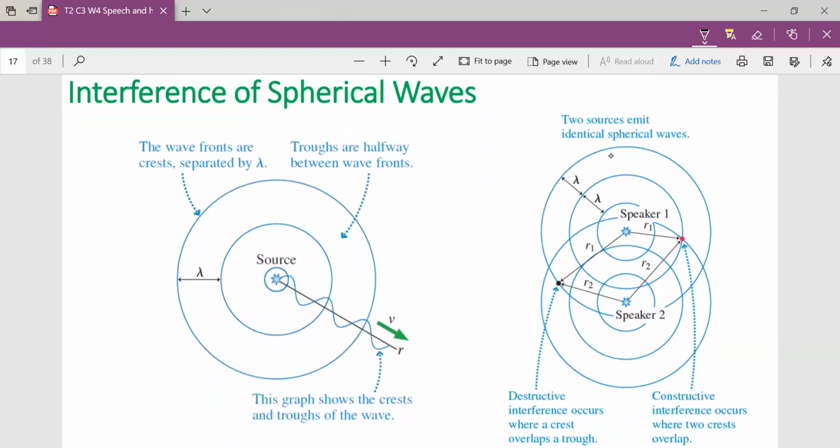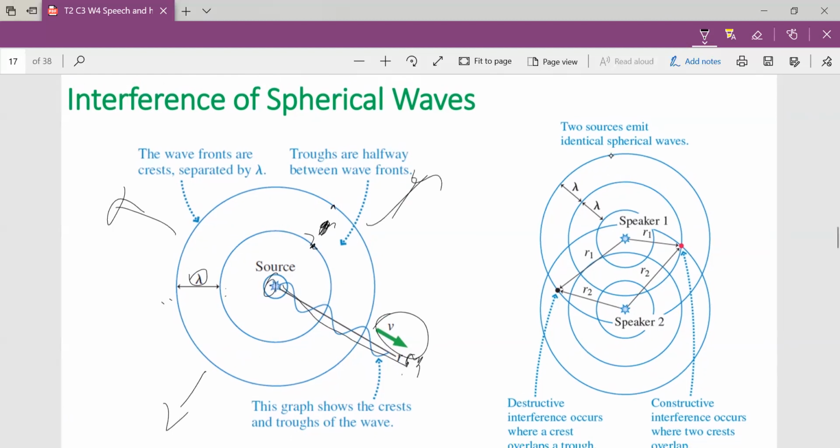We see a source, then we see the thick line being the crest, and the space here the trough and the crest. So the distance between two crests is the wavelength. This is the source, and we have the total length from source to the distance or a point of description. Then we have the wave speed and the direction in all directions.